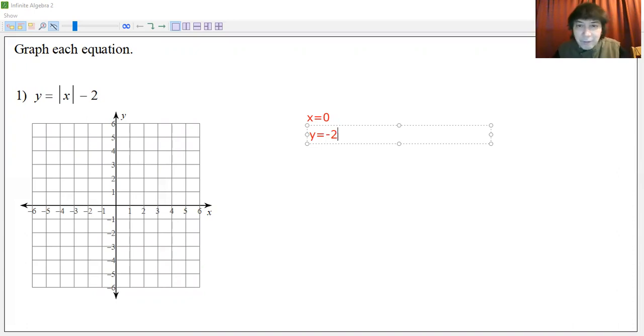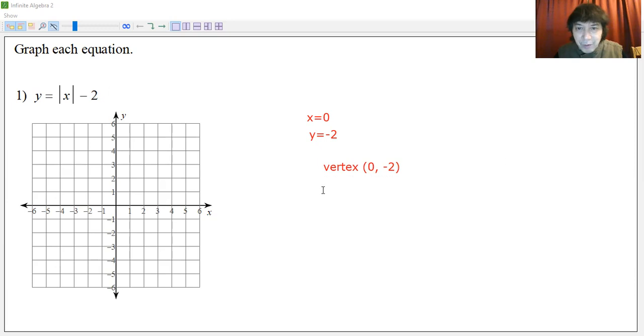So we have our vertex at point 0. This will be the vertex. The vertex is located at 0, negative 2 there. So this will be the beginning point. Now, at the neighborhood of 0, we can take on the next value, say positive 1 and negative 1.